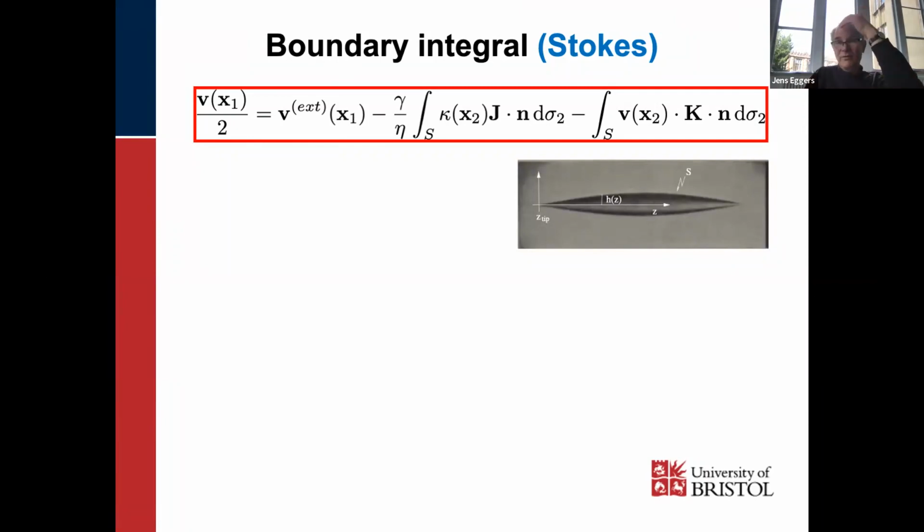So you can think of the inner of this object here as a bubble containing air. And this jump in viscosity is accounted for by this second term. And the integral goes over the full surface of this drop.